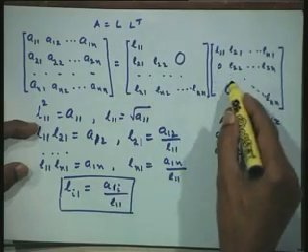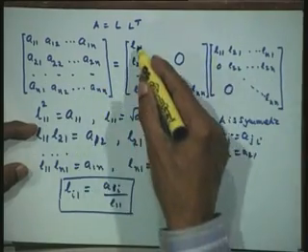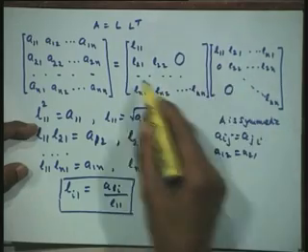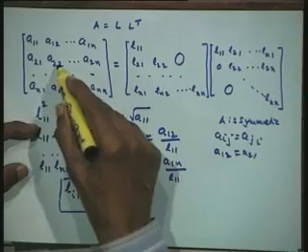Now, we go to the second row, second column, because we do not need to multiply the first row, because it is symmetric, so it is not necessary. So I will take the second row second column, that is L21 square plus L22 square, that will be equal to A22.